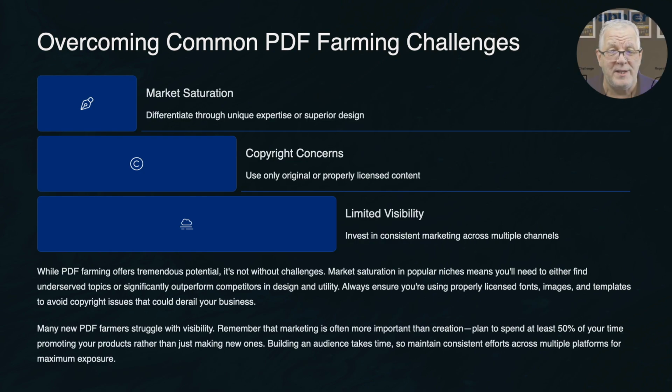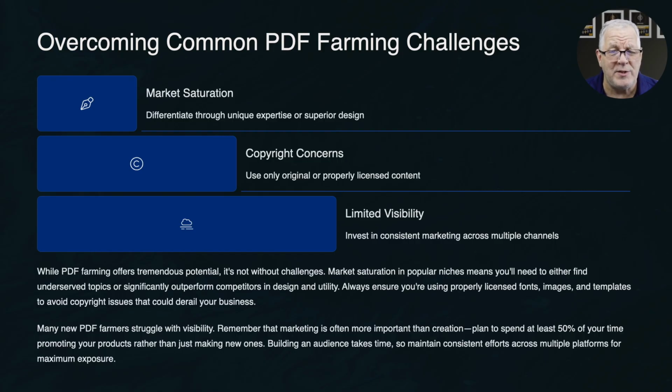Overcoming common PDF farming challenges. While PDF farming offers tremendous potential, it's not without challenges. Let's address the most common obstacles and how to overcome them. Market saturation in popular niches means you'll need to either find underserved topics or significantly outperform competitors in design and utility.